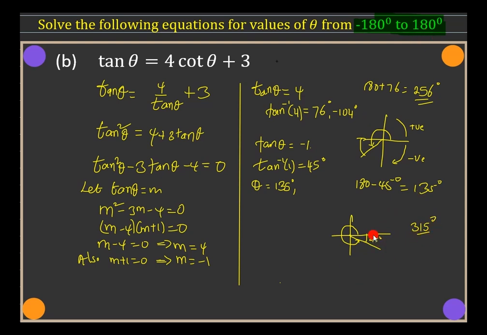So instead of measuring it like that, and we have a positive one, we shall measure it like this, and we have a negative angle. And so this direction is 315, but also it is negative 45 degrees. So those are the answers, those are the values of theta within the given constraints.